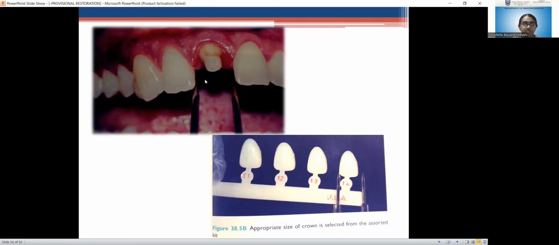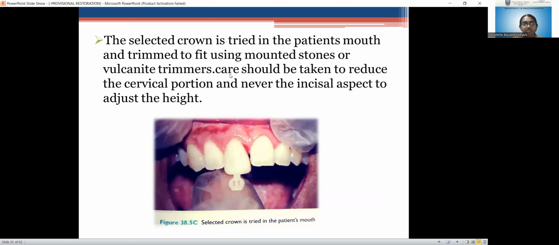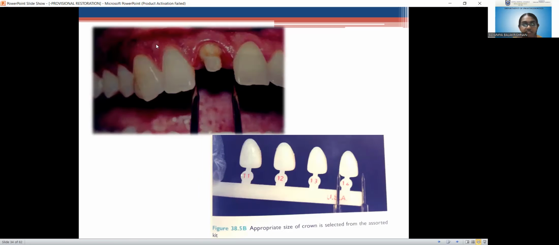Then we compare this with the kit. In this case, one is the best suited to this measurement.